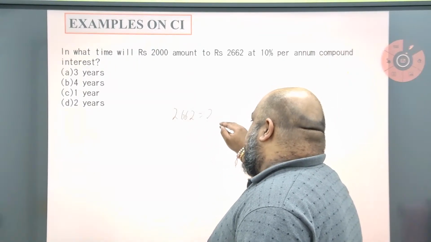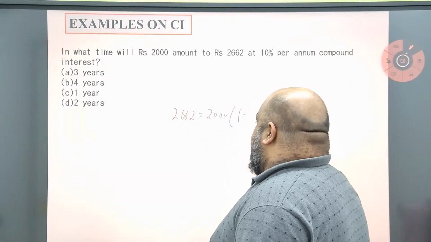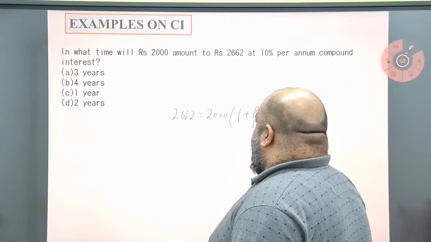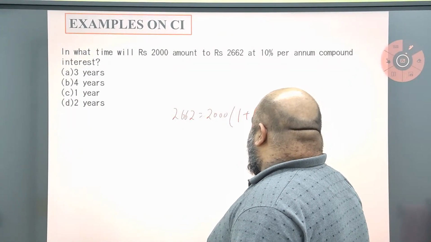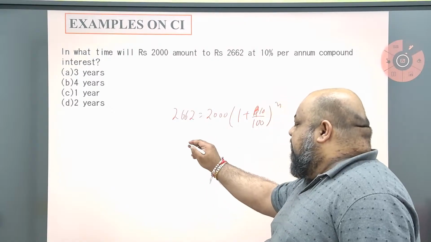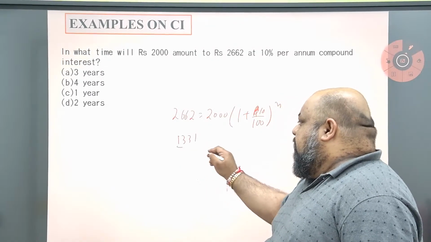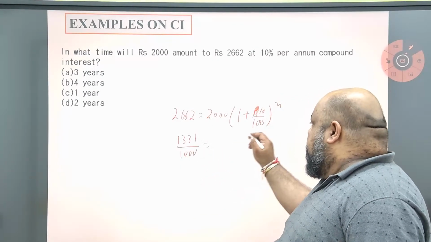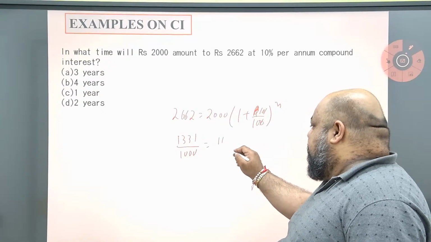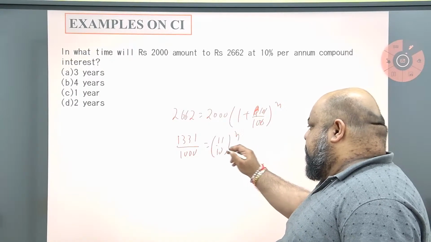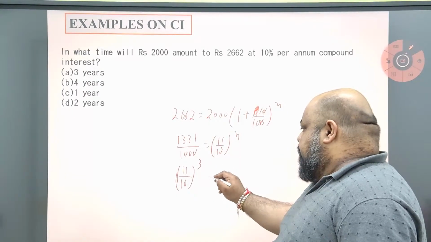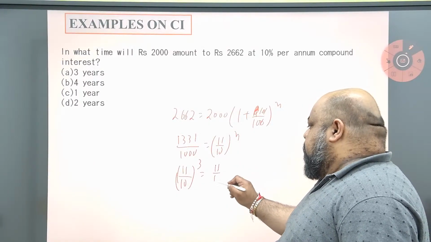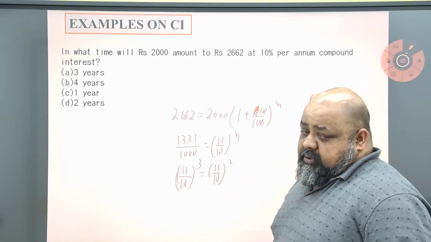Amount is principal into 1 plus R upon 100, R is 10%, raised to power n. This becomes 1331 upon 1000, divided. This becomes 11 upon 10, which is 11 upon 10 cube. So n will be equal to 3.